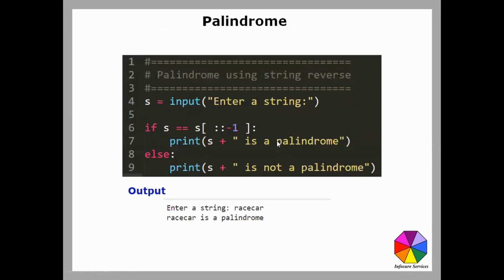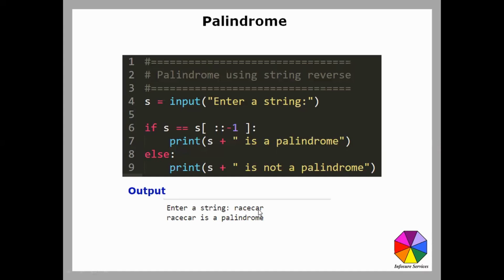Often you will come across a program to check if a string is a palindrome. Okay, so here race car is a string. I want to check if the reverse of that string also reads race car.